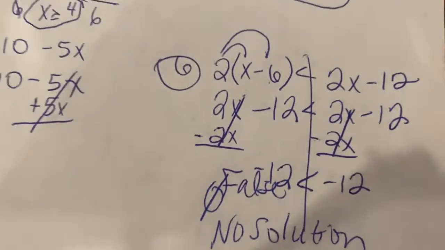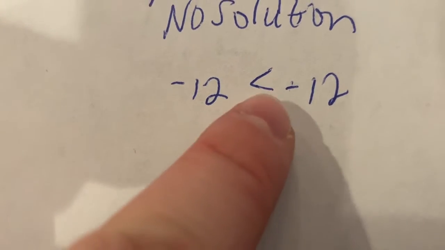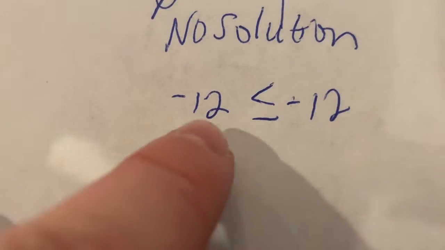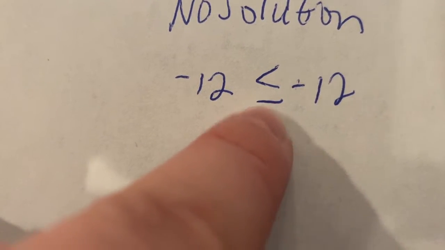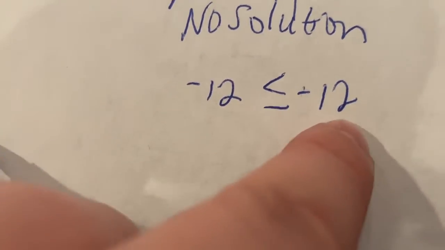Now, let me show you if the symbol had been different here. Let's pretend that the symbol was less than or equal to. And we got this for the result. If we got negative 12 is less than or equal to negative 12, is that true? Negative 12 is not less than negative 12, but negative 12 is equal to negative 12. So that is true.